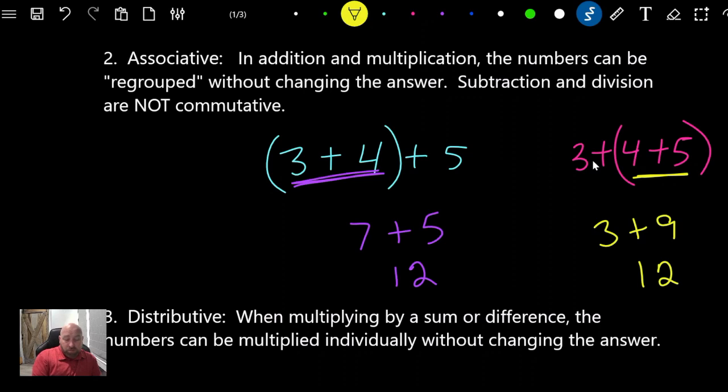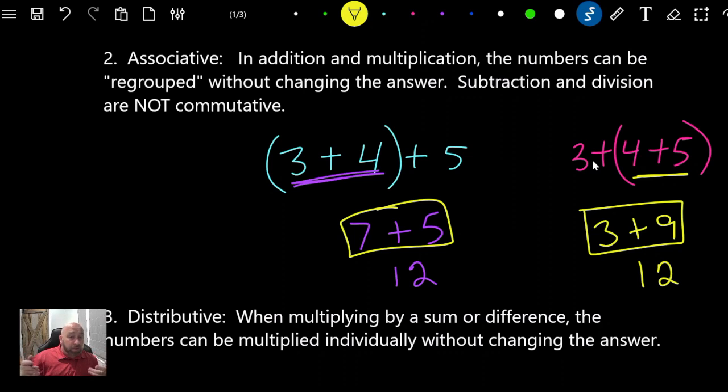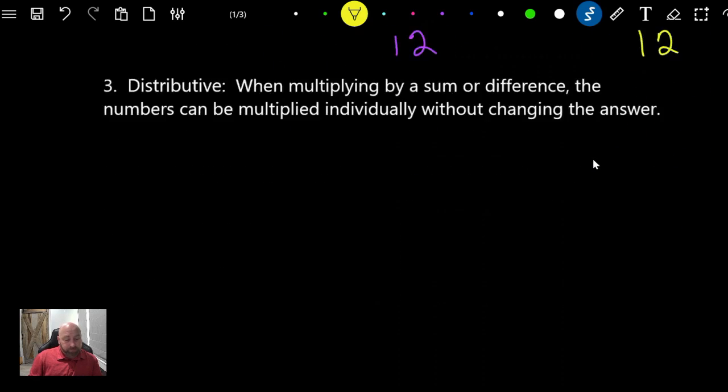So if you notice, we did it a little bit differently. We ended up with 7 plus 5, but here we ended up with 3 plus 9. Not to worry, because they both give us our answer, which is 12. Okay? So we can regroup. We could also regroup with multiplication, and it doesn't change the answer. We cannot regroup with subtraction and division.